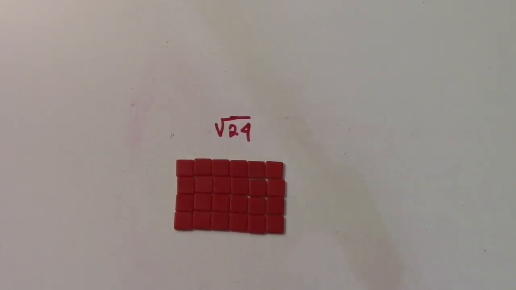Okay, in this example, I'm going to approximate the square root of 24. I have 24 tiles, and I formed them into a rectangle that's 6 by 4, because I cannot make a perfect square. Since it doesn't make a perfect square, I'm going to take some of the tiles away to see what's the largest square that I can make using less than the total 24 tiles.